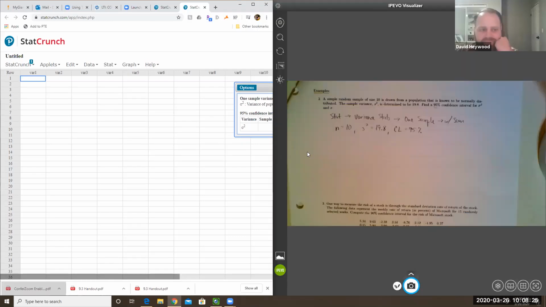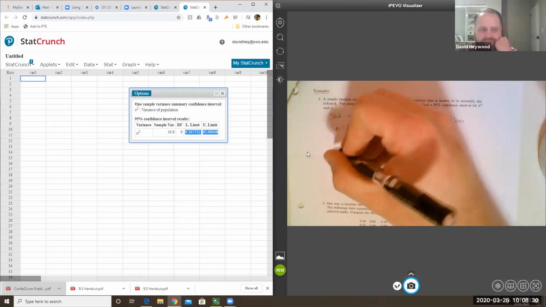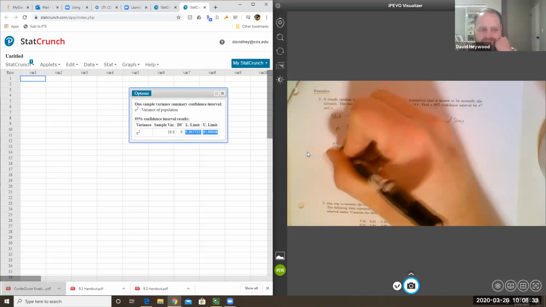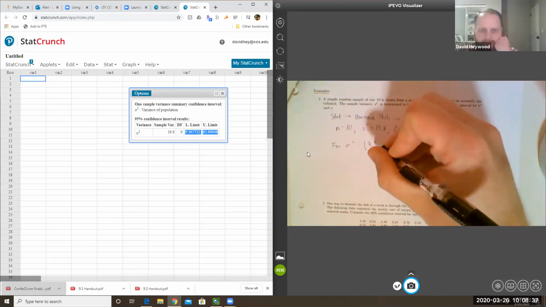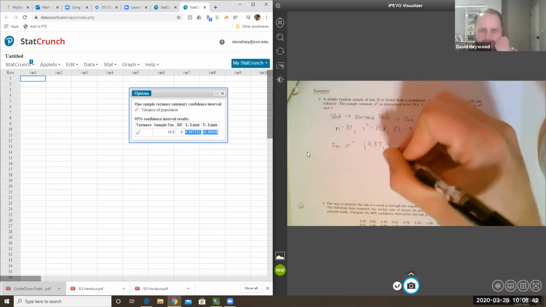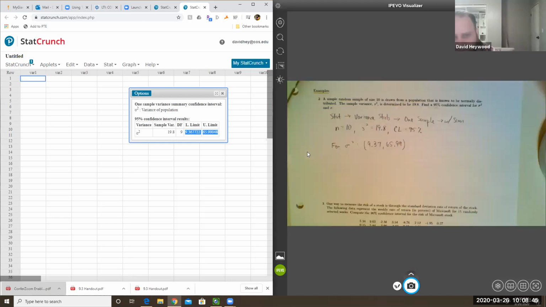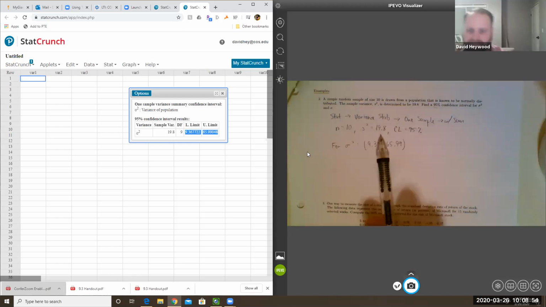Okay, so we can write that down. My confidence interval for the variance, for sigma squared, is about 9.37 to 65.99. In other words, we know that the sample variance was 19.8. There's no ambiguity there. We know for a fact that the sample variance was 19.8.